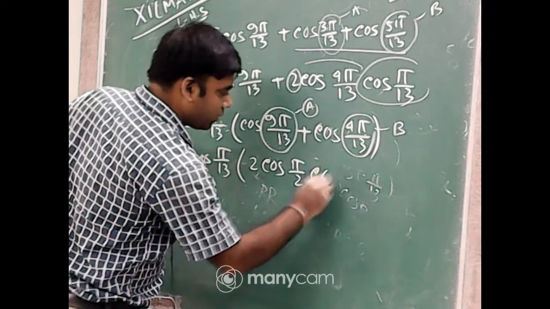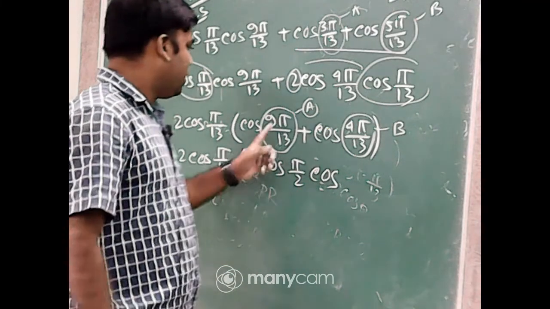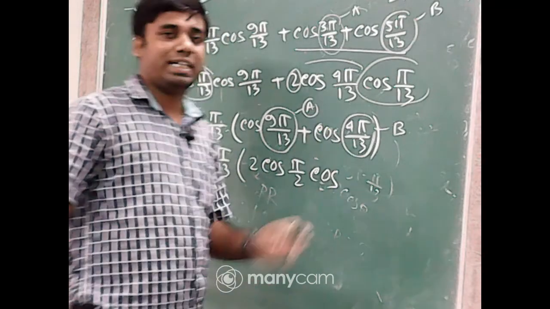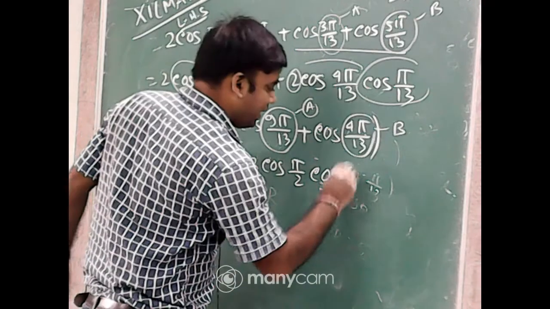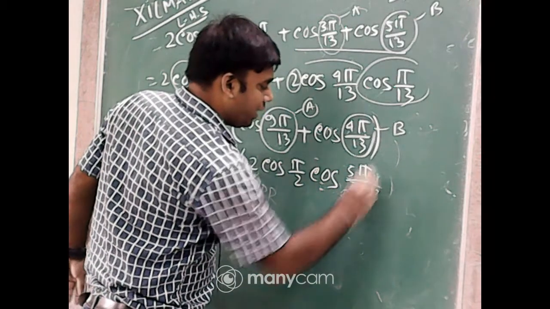And (a minus b) by 2: 9 pi by 13 minus 4 pi by 13 is 5 pi by 13, by 2, that is 5 pi by 26.